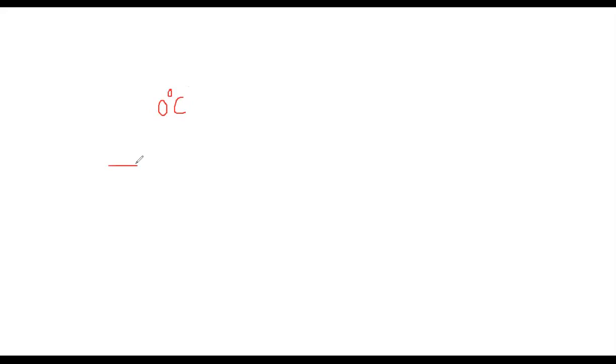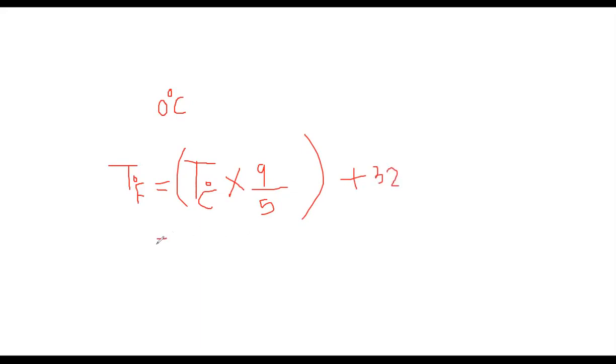Again, temperature in Fahrenheit equals temperature in degrees Celsius multiplied by 9/5, put this in brackets, then plus 32. What is the temperature in Celsius? 0. Now I want to change this. Multiply by what?